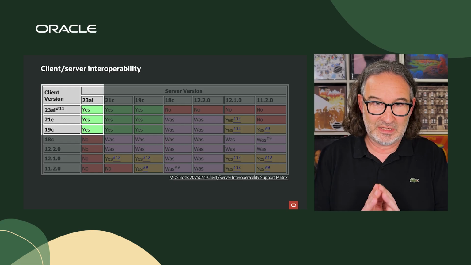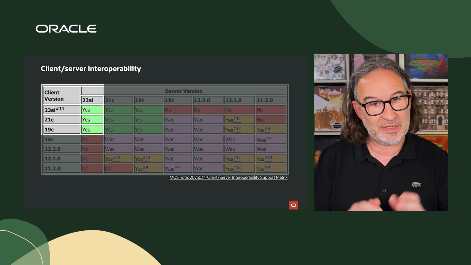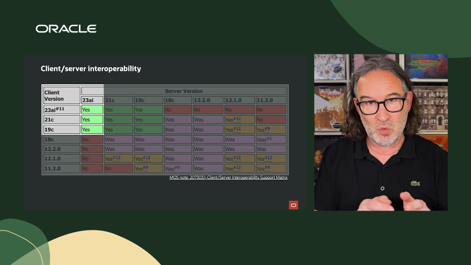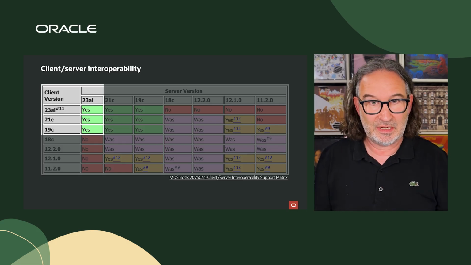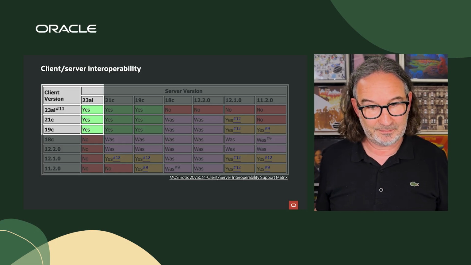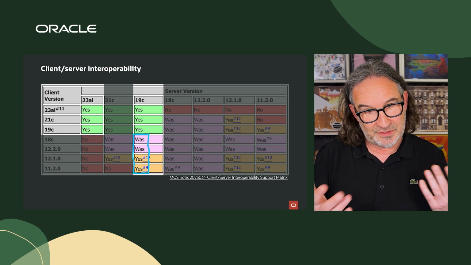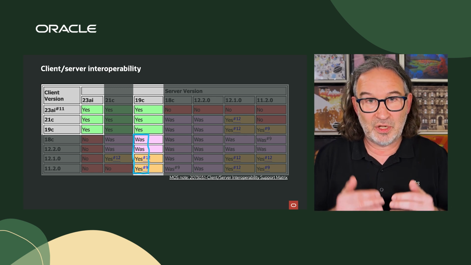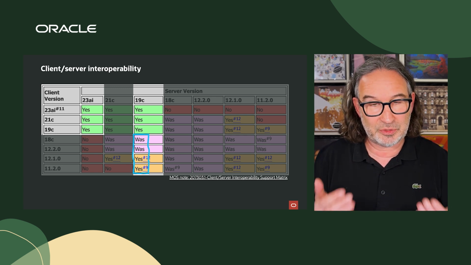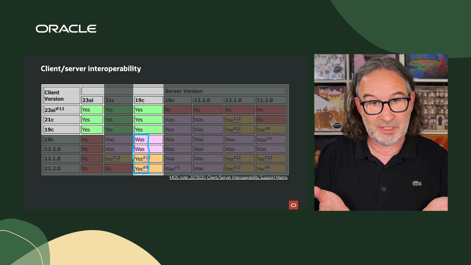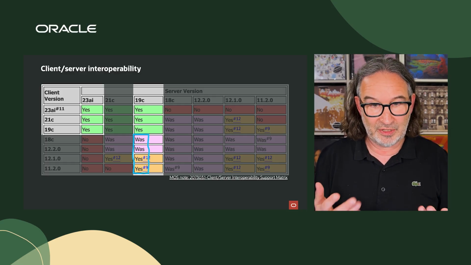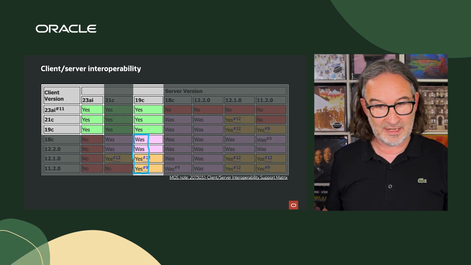It could be that older clients may work as well, but we never tested this. So you see a red no in this column, and it can work, but you shouldn't try it. So bring up your clients first. Just to look back, when your server is 19c, you can also use 23 AI clients, which is good. So you can lift the clients first. And even if you have some older clients for 19c, that would work nicely as well.